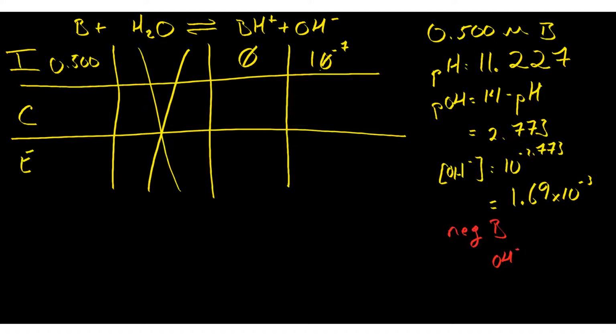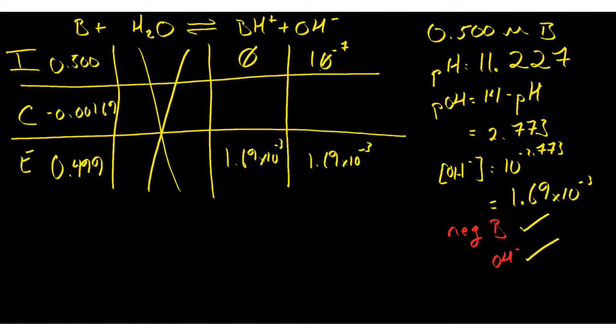It's also negligible with respect to the initial concentration of B. It's a difference of one fifth of 1%. But I'm going to pretend that it's not negligible and just plug that in, so the equilibrium concentration of B is 0.499. It shows up, it doesn't round out, but it does count as negligible.